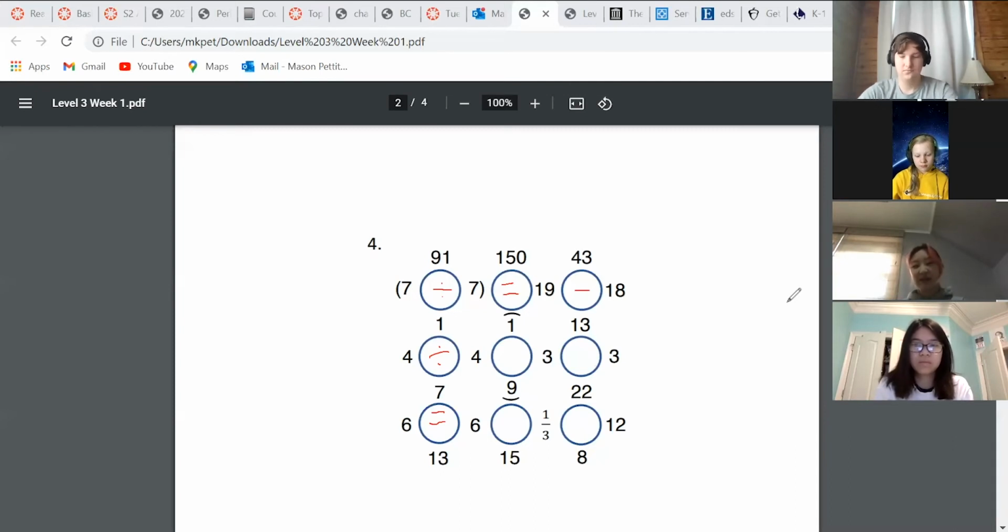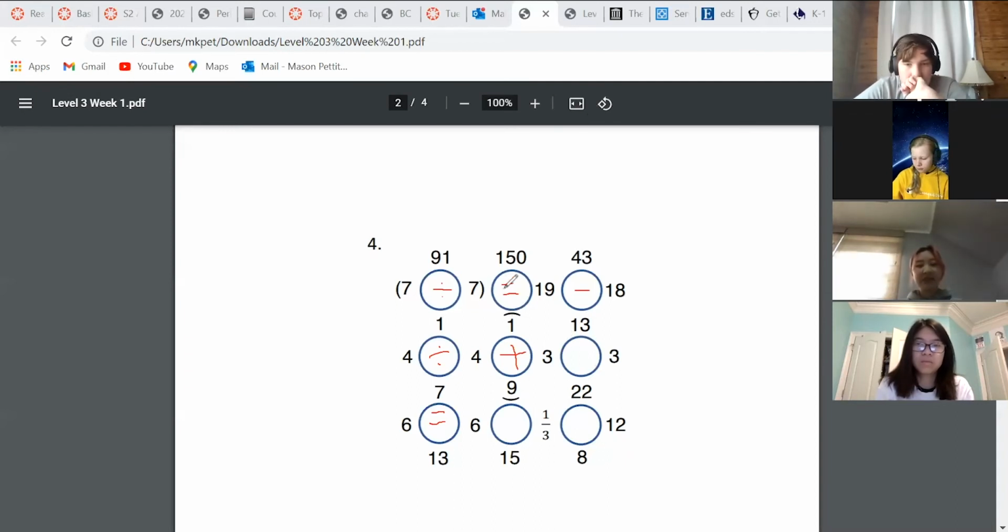So maybe we can approach it with an addition symbol. If we put subtraction, it'll be 1 minus 9, which gives us -8, and I don't want to work with negative numbers either. So I think maybe 1 plus 9. Okay, so 1 plus 9 should give us 10.